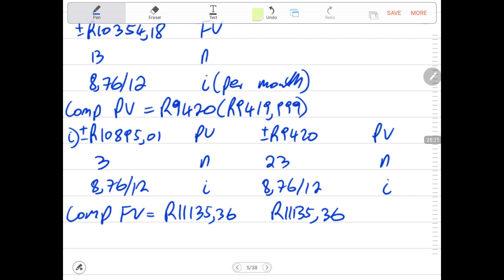So either way, you choose the one after end of month 20, just say 21, 22, 23, which is N being 3, or you start from the beginning. At the end of the day, you get to the same figure.